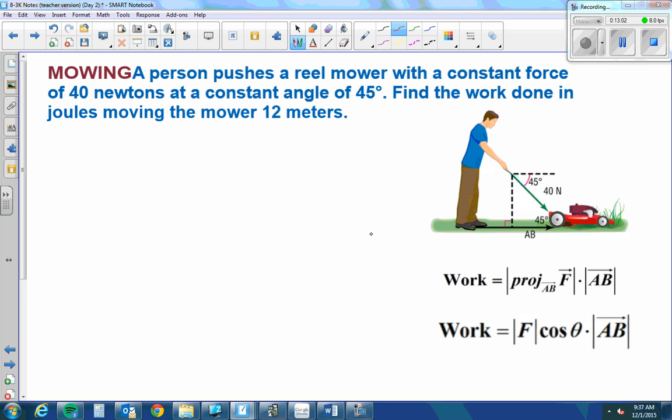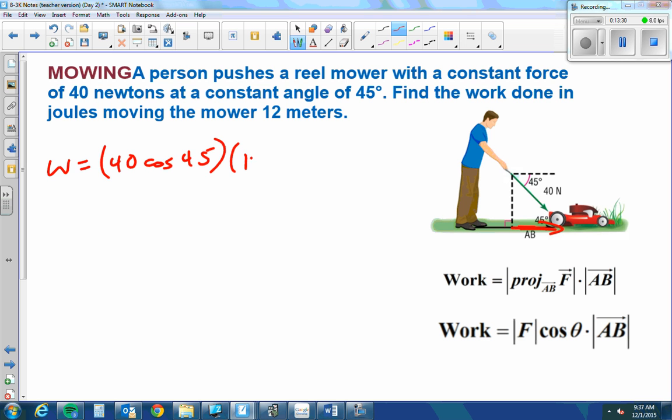Now I'm going to do the same thing, except now I'm going to do it by hand. Look at this. I said you really just need the part of the force that's in the direction of the motion. That's this. Well, just like before, if this is your hypotenuse and you want the side adjacent to the angle, you do cosine. So the work will be the magnitude times cosine of the angle times the distance traveled.